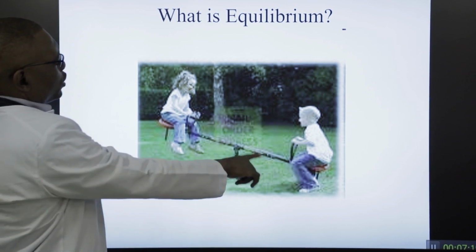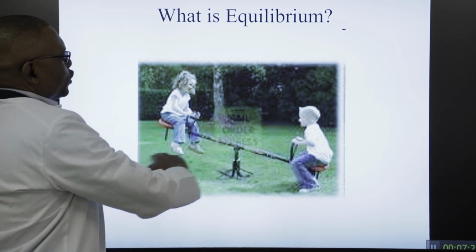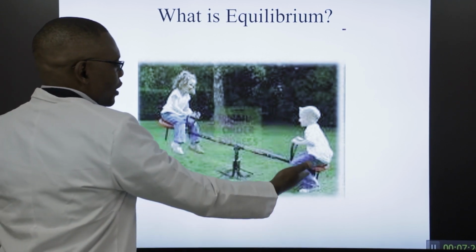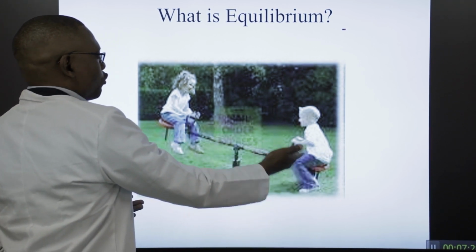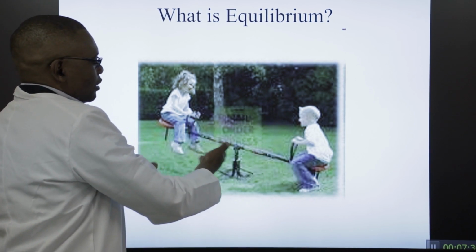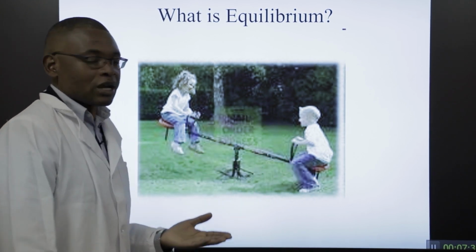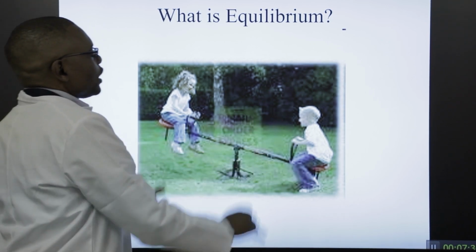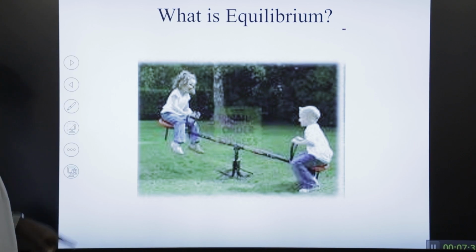So what do they need to do for this seesaw to be leveled up? You'll see that maybe the reactants have to convert into products and reach a state of equilibrium. So when this seesaw is leveled up, we will say it is in a state of equilibrium.